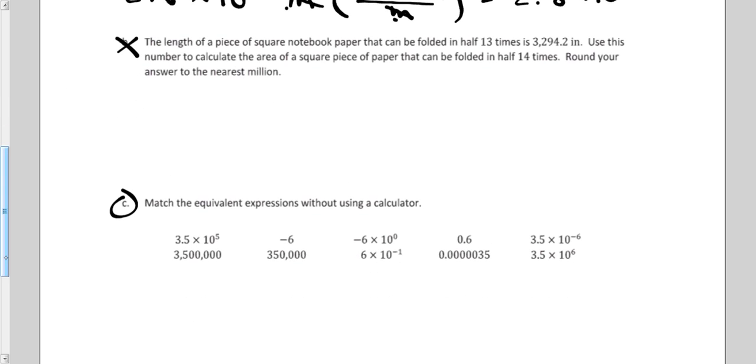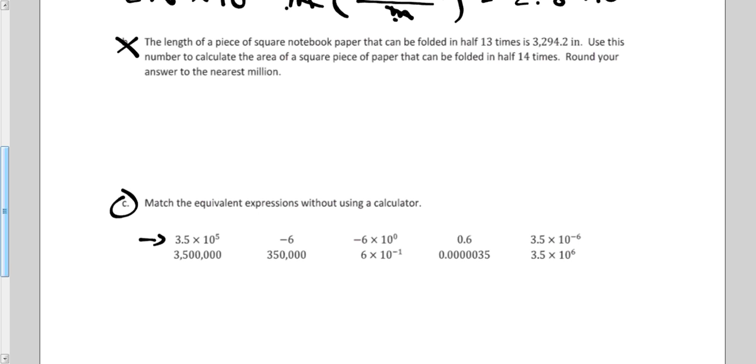Okay, now, letter C, match equivalent expressions without using the calculator. So, we've gotten a little basis on what scientific notation means, right? So now, let's figure out which one is which. Let's start with 3.5 times 10 to the fifth.